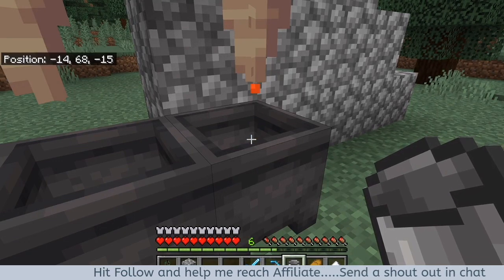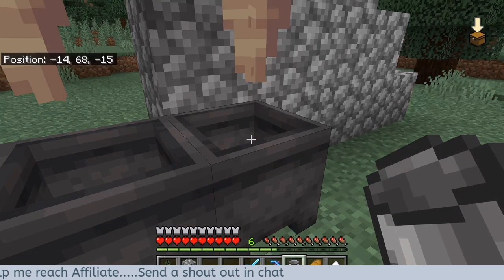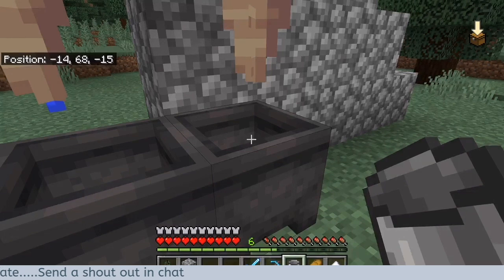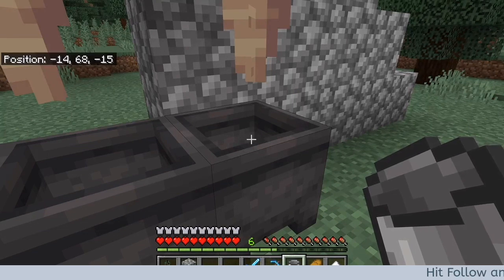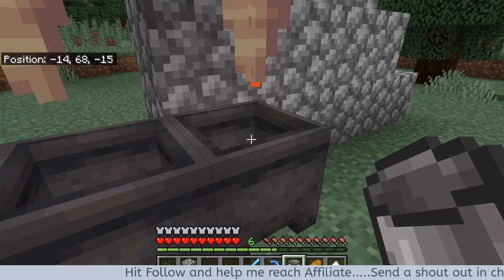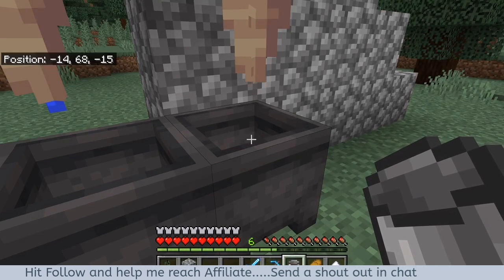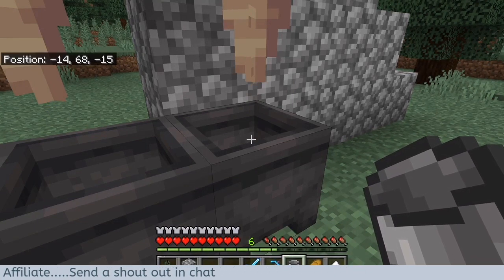And at the end of the line, anything that was left over or not sorted by the comparators would go into my blast furnaces where they would get smelted into nuggets. And it's a little bit too much work. You don't really need to do it, but you can end up with just a ton of nuggets if you're doing a zombie piglin farm and you don't have to manually collect the swords.